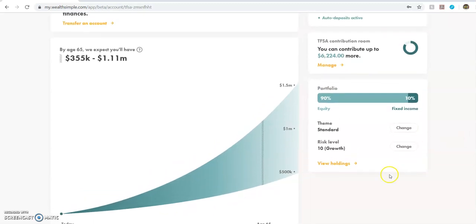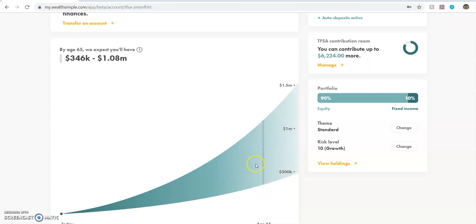What I also like about this account is the projection. So assuming that I continue to contribute to this account based on my predetermined automated transfers and automated contributions that I have, if I don't change anything, all things staying the same, the projection is that you could see, depending on your age, and by the time that you get to a certain age, how much your account would grow.